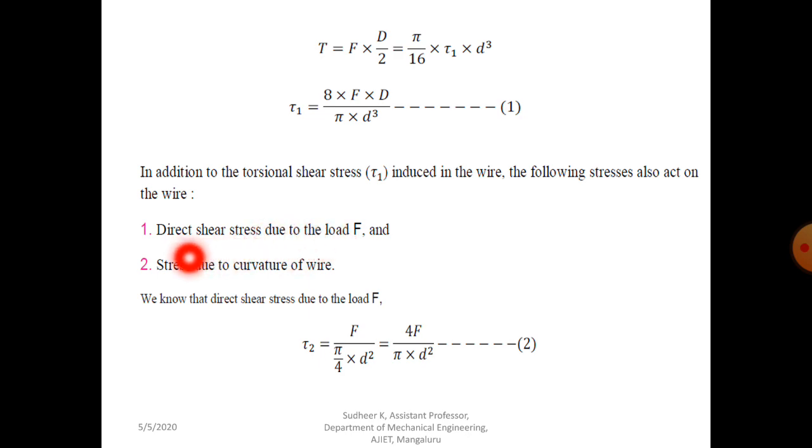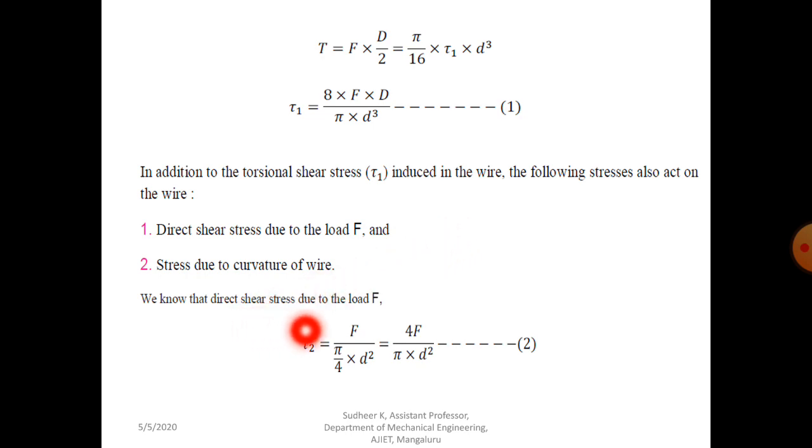The first is the direct, or transverse, shear stress in the spring wire because of load F. The second is that when the bar is bent in the form of a coil, the length of the inside wire is always less than the length of the outside fiber. Because of this, there will be a stress concentration at the inside fiber of the wire, due to the curvature of the wire. So these are the two important stresses.